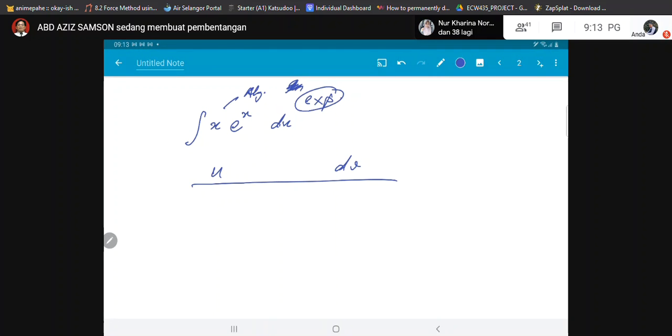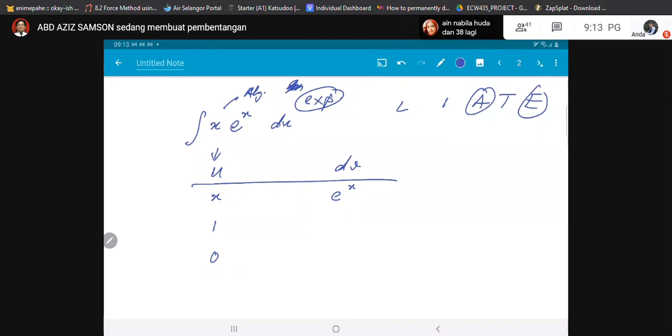According to this rule, u is obtained by the first pattern, and we have algebraic and exponentials. So that means we choose u as x, and dv is e to the x. Here we differentiate until we get 0. We take the derivative of x, it will be 1, and the derivative of 1 will be 0.